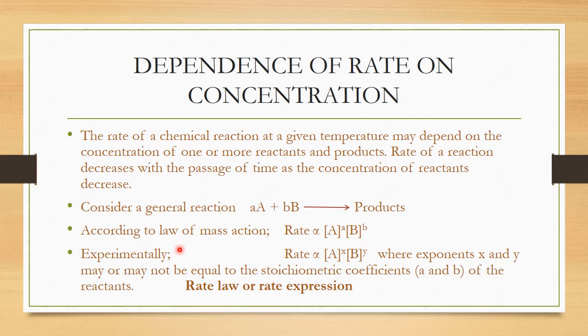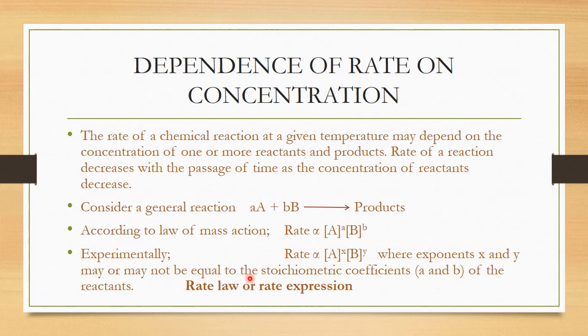But experimentally it was found that rate is directly proportional to [A] raised to power x, [B] raised to power y, where exponents x and y may or may not be equal to a and b, which are the stoichiometric coefficients of the reactants.